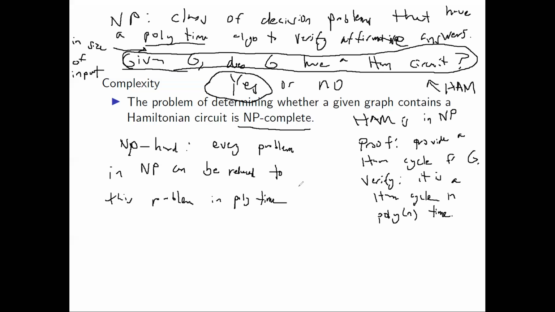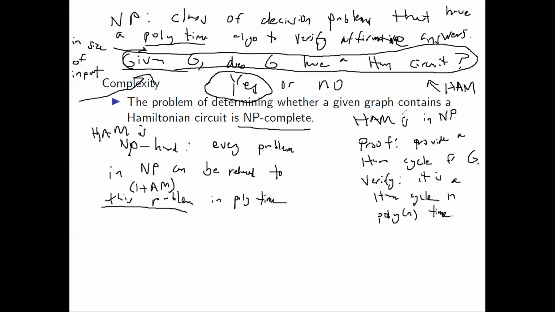So if we can find some algorithm so that any problem in NP, we can solve that problem using this given problem, this one we're talking about, the problem HAM. If we can use HAM to solve any problem in NP with some polynomial time algorithm that reduces the problem in NP to HAM, then that means that HAM is NP hard. So this problem is HAM that I'm talking about, but we can apply this to any NP hard problem. So the definition of NP hard just means that every problem in NP can be reduced to the problem with some polynomial time reduction.